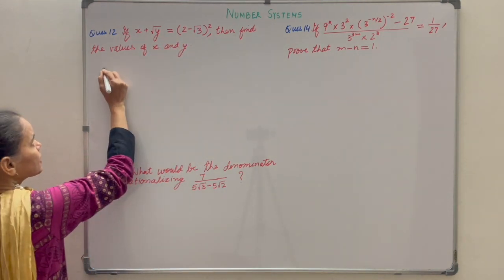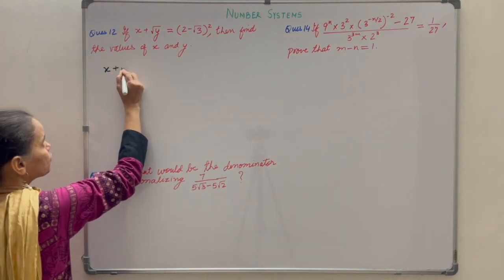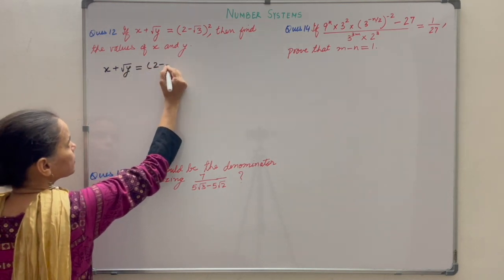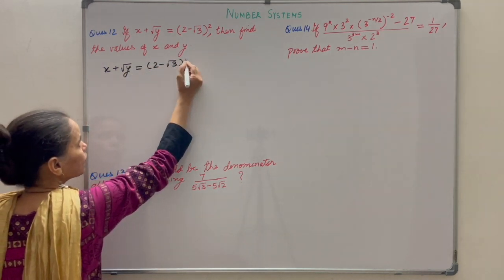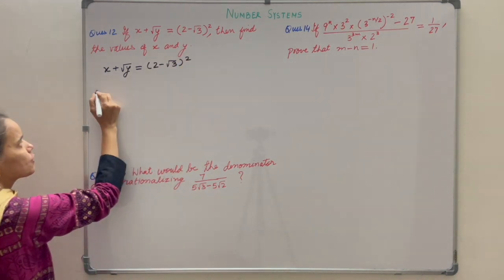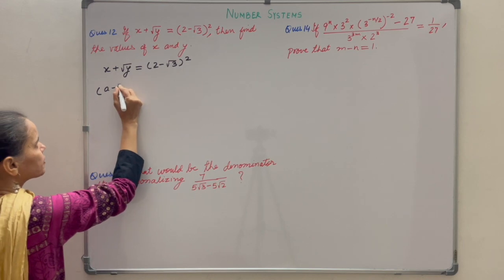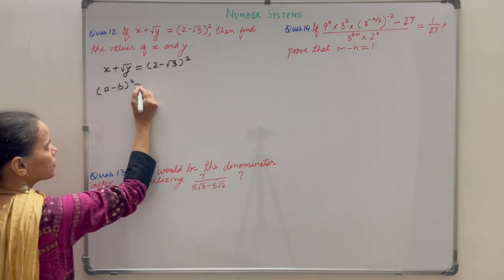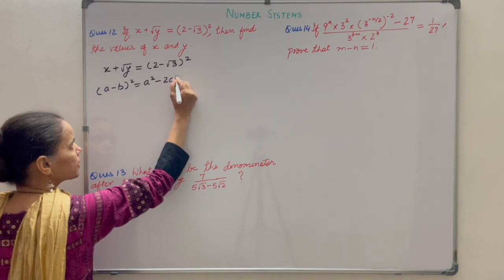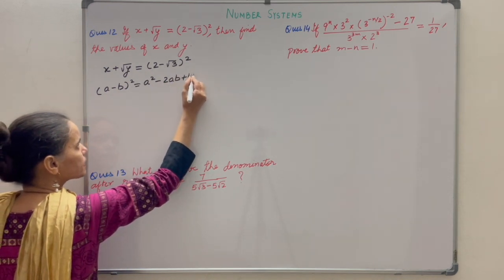So let us use it. x plus root y is equal to 2 minus root 3 whole square. So we can solve this using this formula a minus b whole square, which is equal to a square minus 2ab plus b square.